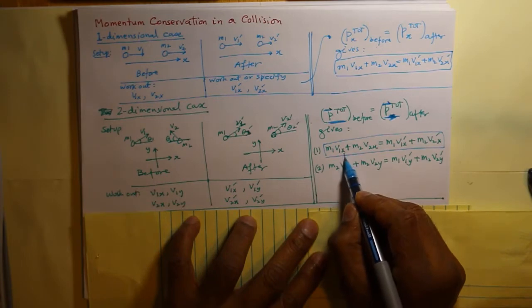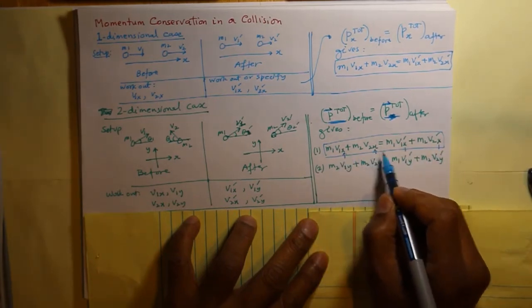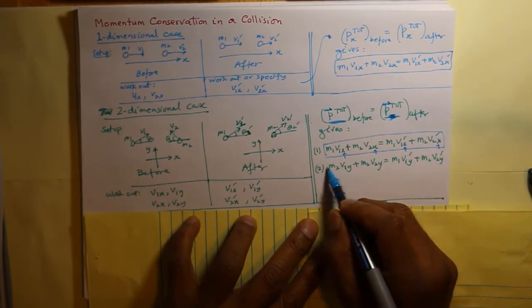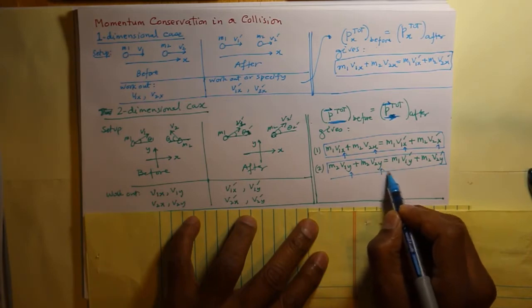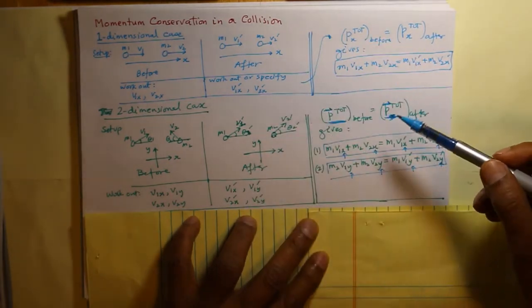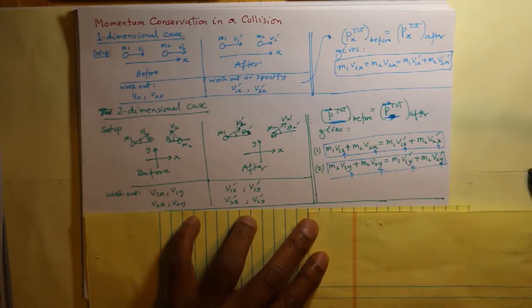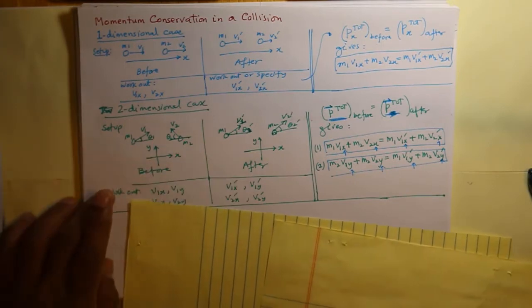So all of them are the x, x, x, x, so the x components. And this is along the y-axis. This will all be the y's. So it's as if there are two one-dimensional collisions, one along the x, one along the y. And the net effect is that collision over there.